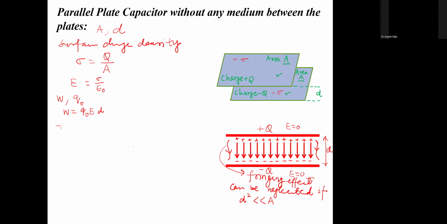This implies W by q naught is E d, and by definition, this is the potential difference.